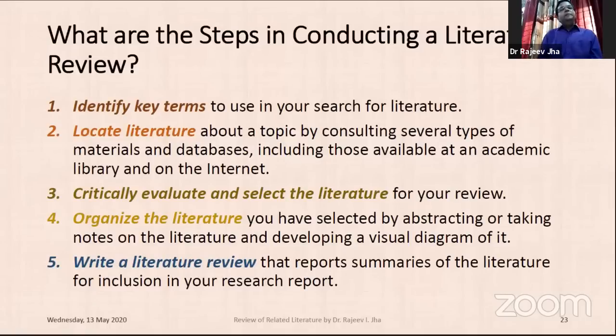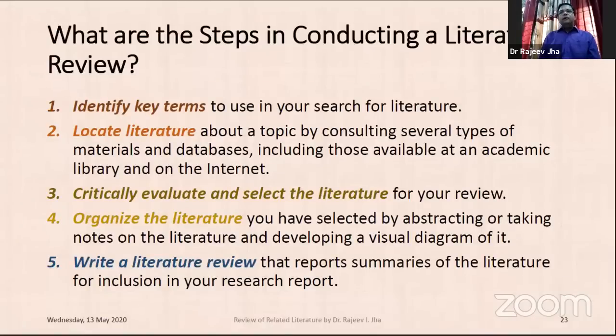So these are the 5 steps. Identify the key terms to use in your search for literature. That is the first step. Second is locate the literature about a topic by consulting several types of materials and databases, including those available at an academic library and on the internet.